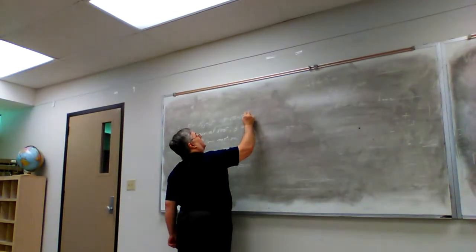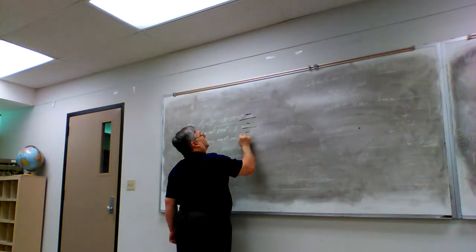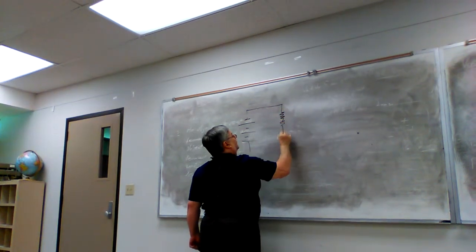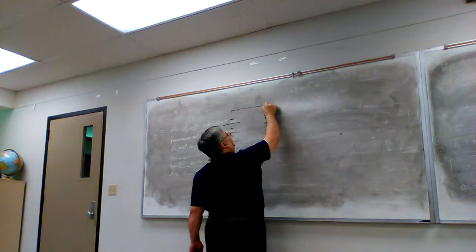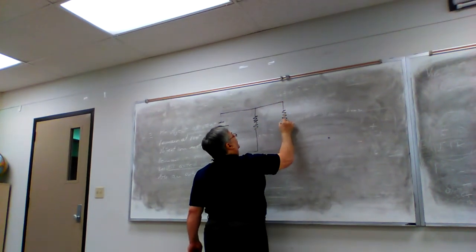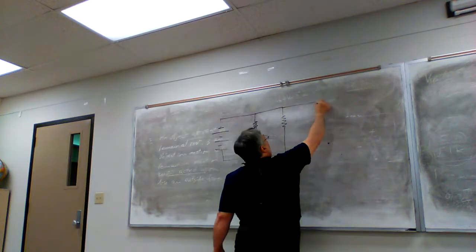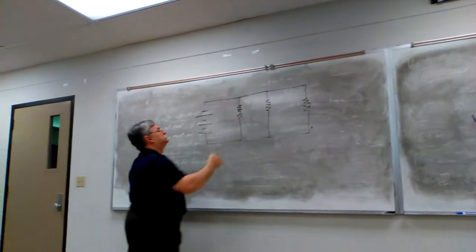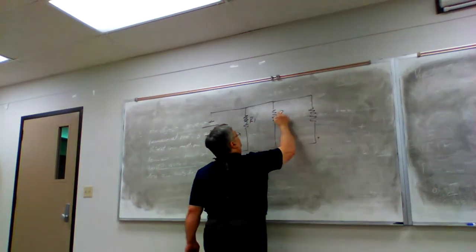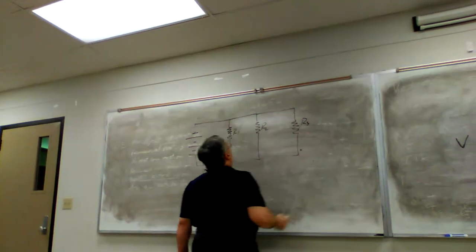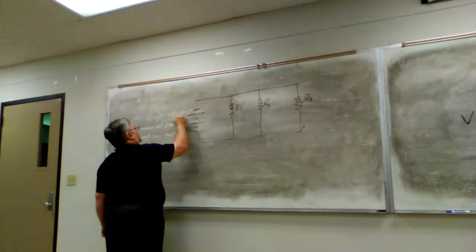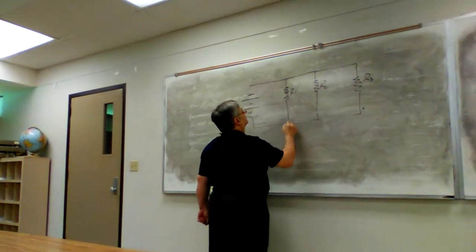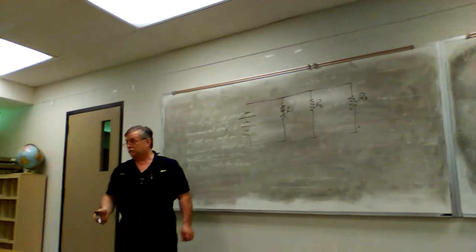Now we have our voltage across these resistors in parallel. What is the voltage across R1? Say again?